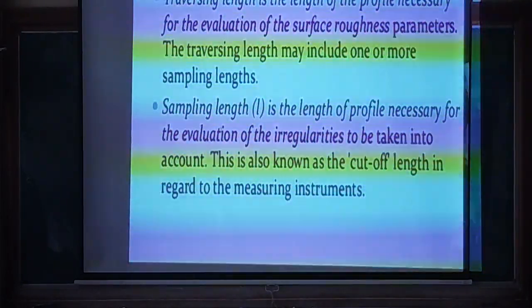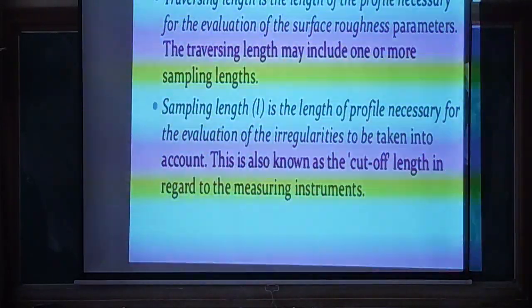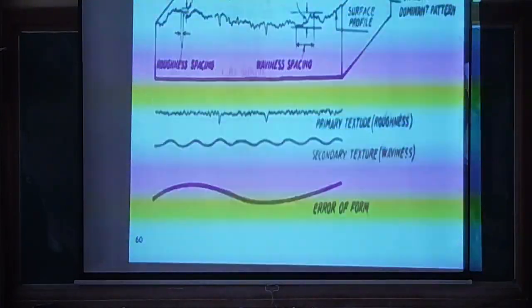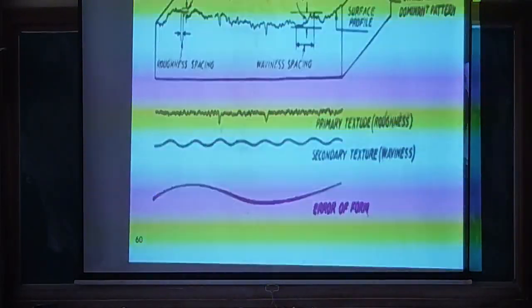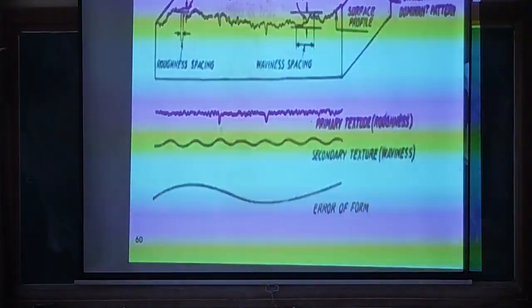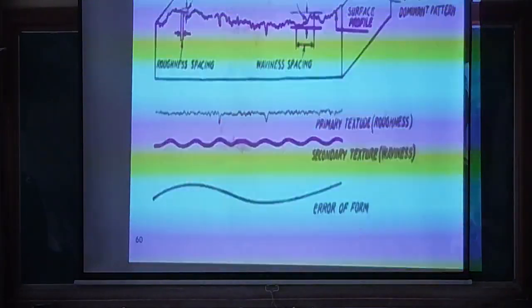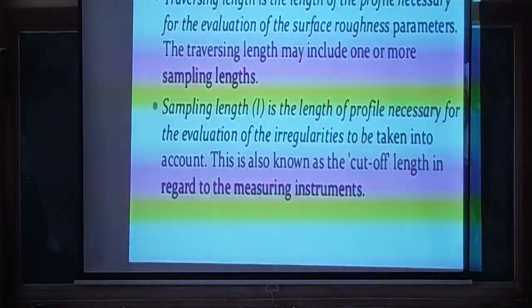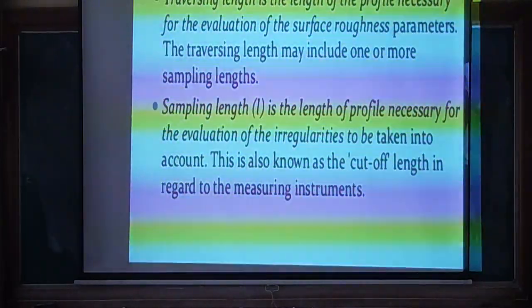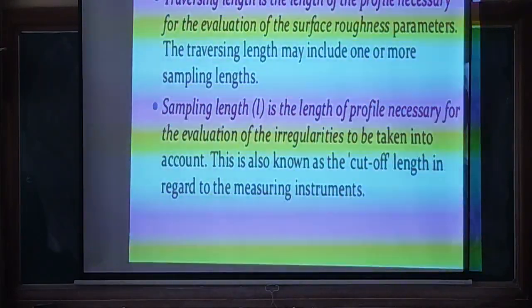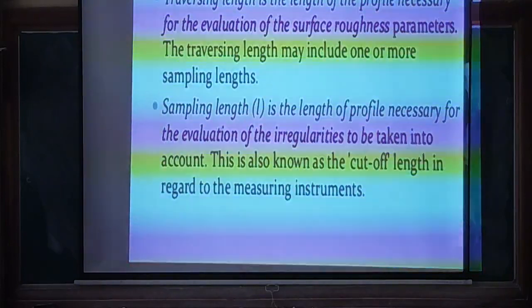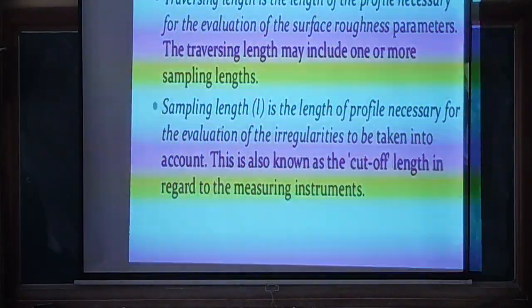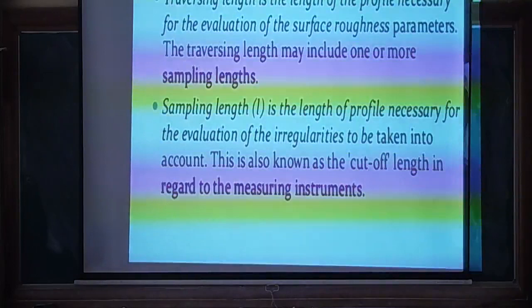Next is traversing length. What is the traversing length? Here if you see the traversing length, waviness spacing, roughness spacing. Traversing length is the length of the profile necessary for evaluation of the surface roughness parameter. Traversing length may include one or more sampling lengths, whatever traversing length of your probe.